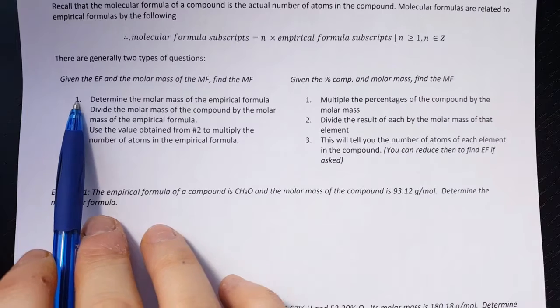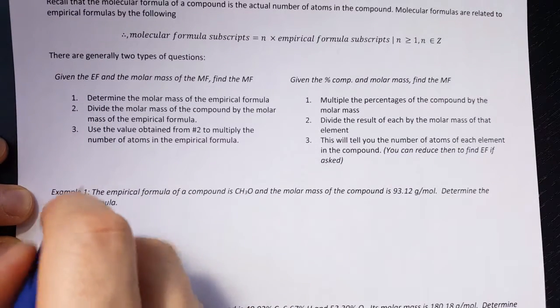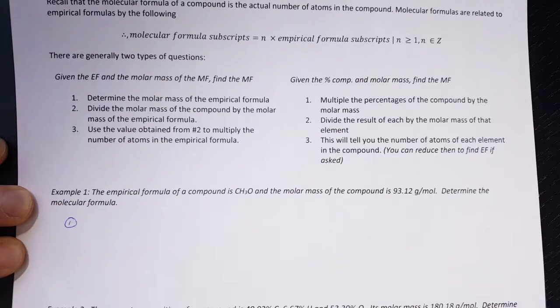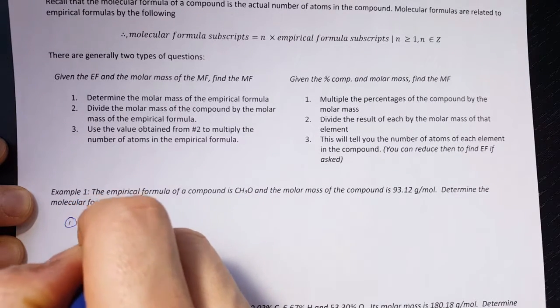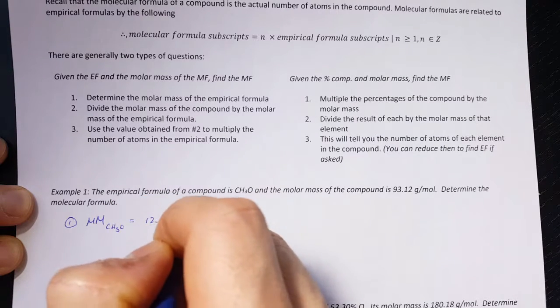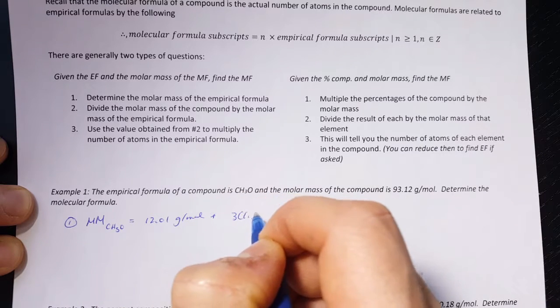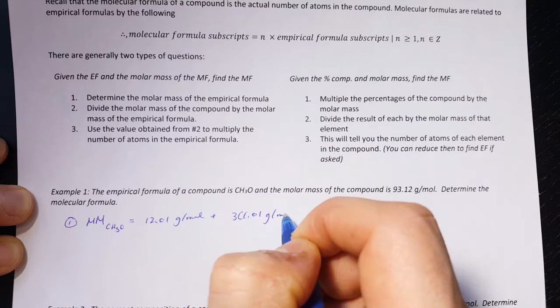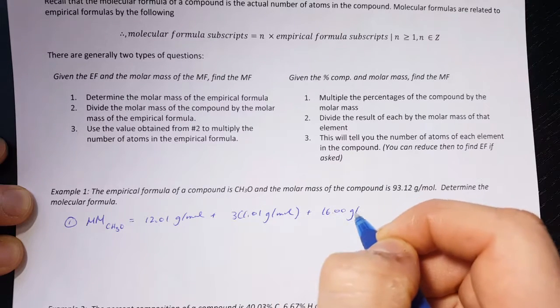So let's look at step number 1 here. It says determine the molar mass of the empirical formula. So I'm going to go ahead and do that. This is my empirical formula right here. Let's find the molar mass. CH3O is 12.01 grams per mole plus 3 times 1.01 grams per mole plus 16 grams per mole.